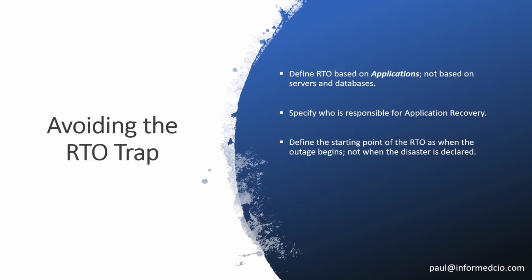So always define the starting point for your RTO as when the outage begins, not when the disaster is declared. In the case of a managed services provider, make sure you get that into your contractual language.